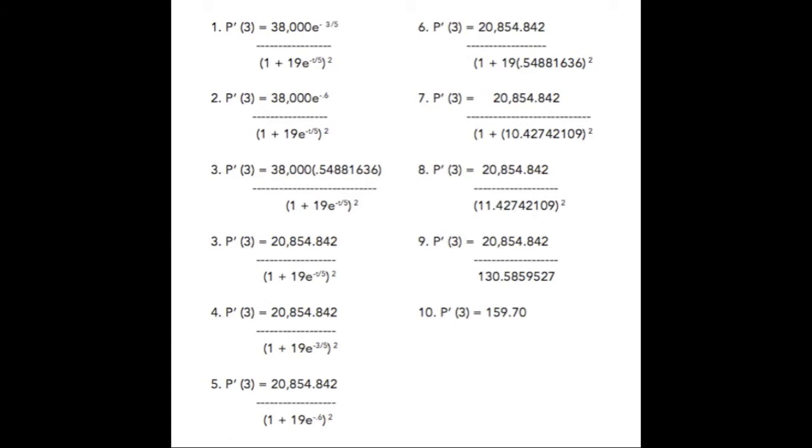That answer you multiply times 19, which gives you 10.42742109, and to that answer you add 1, which will give you 11.42742109. And with that answer you square it, which will give you 130.5859527.